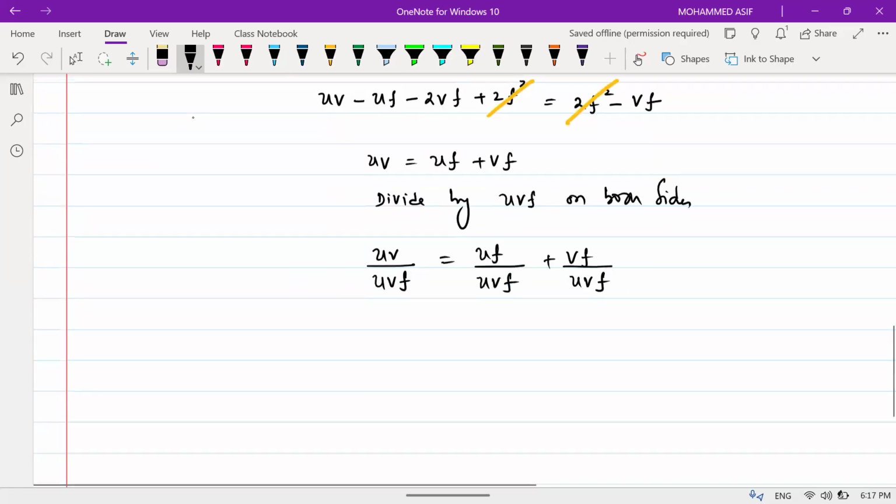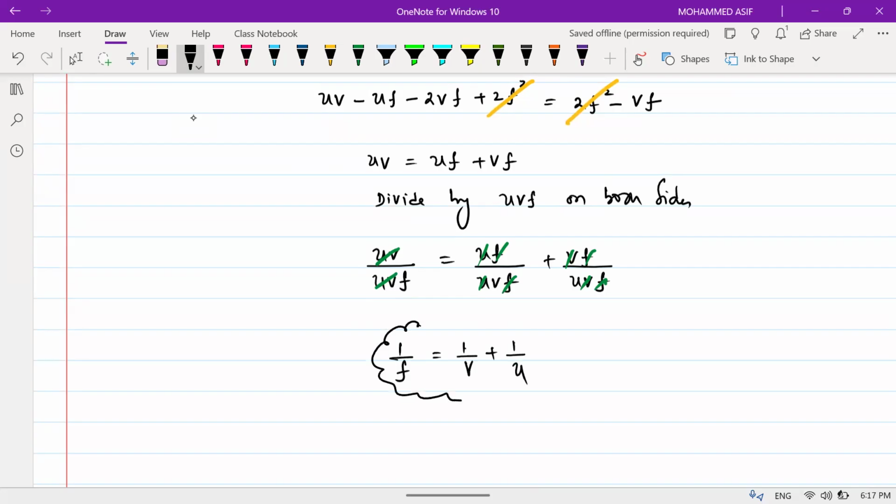Clear? So in this one, anything getting cancelled, madam? uv gets cancelled, f and f will get cancelled. So what remains is 1 by f is equal to 1 by v plus 1 by u. So this is the proof of the mirror formula, 1 by f is equal to 1 by v plus 1 by u. Am I clear?